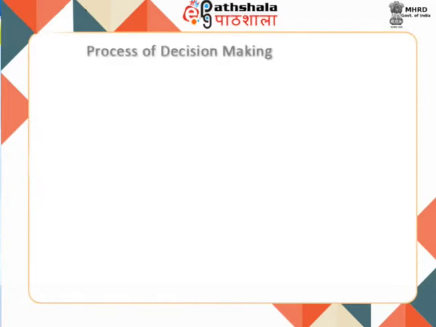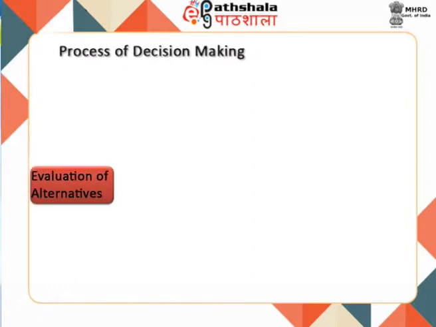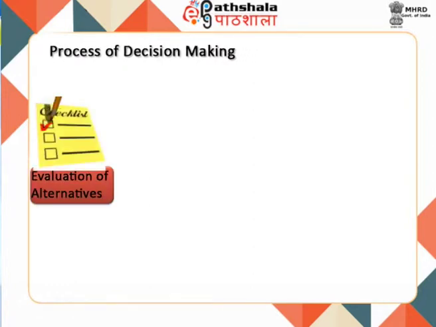Fourth in the process of decision making is evaluation of alternatives. The evaluation of alternatives on the basis of their merits and demerits, cost of implementation, risk involved, time taken, etc., is the next step to select one of the best alternatives for the defined problem.